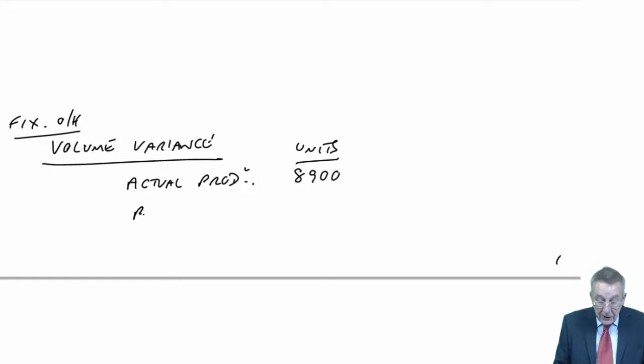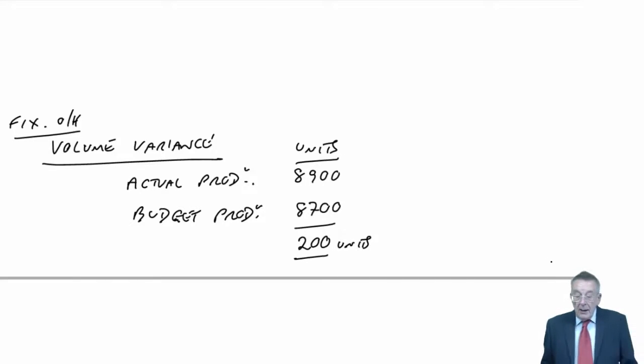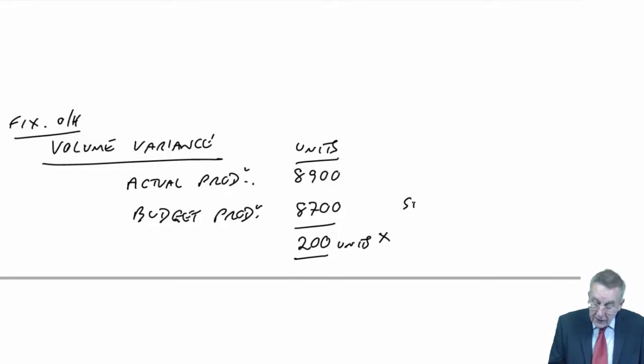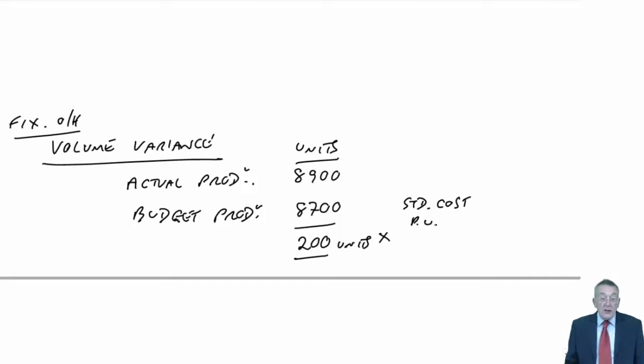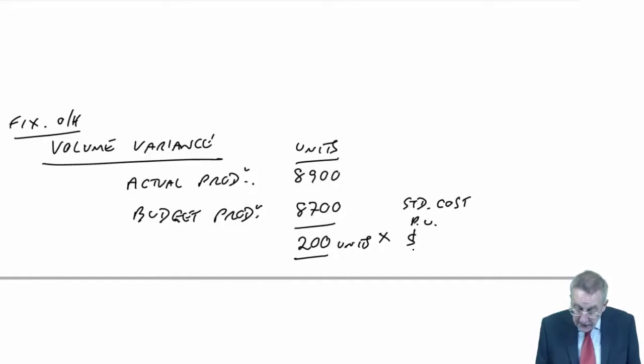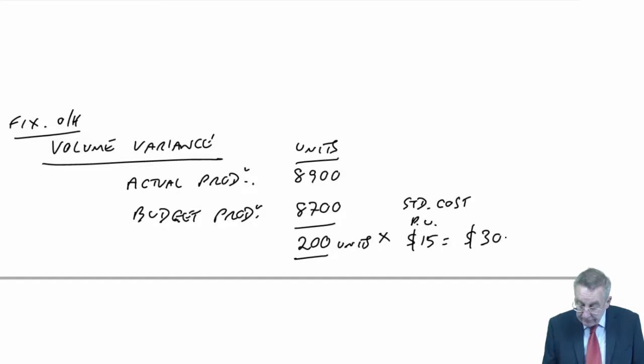With the budget production, we budgeted on producing 8,700 units. And we cost it out at the standard cost per unit. For fixed overheads, obviously, it's fixed overheads we're dealing with. So the standard cost per unit was $15. If you look back at the cost card, it's 3,000.